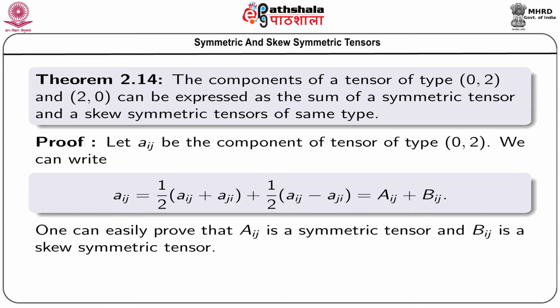Then we can easily see that Aij is a symmetric tensor and Bij is a skew symmetric tensor. So, every tensor of type 02 can be expressed as a sum of a symmetric tensor and a skew symmetric tensor.